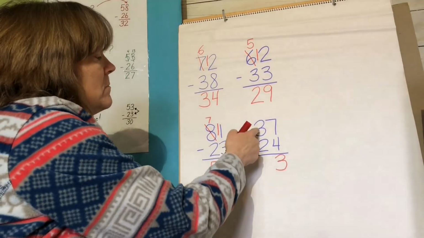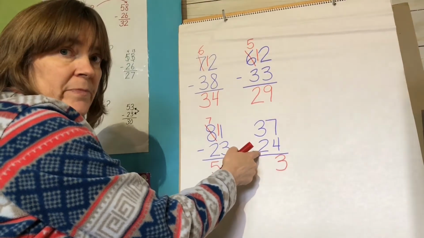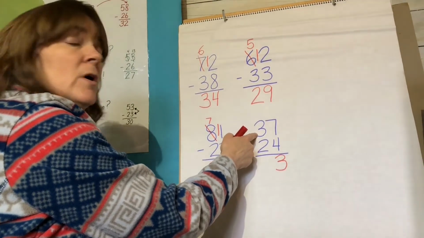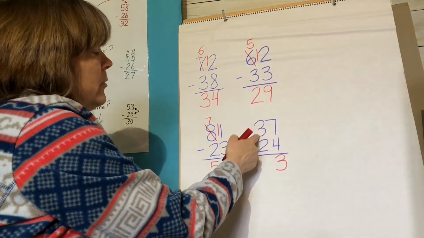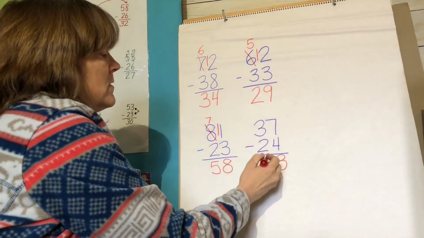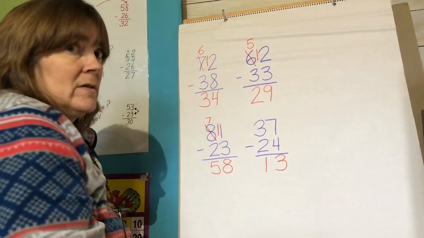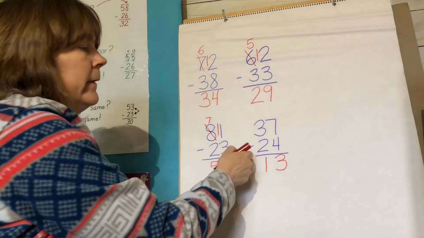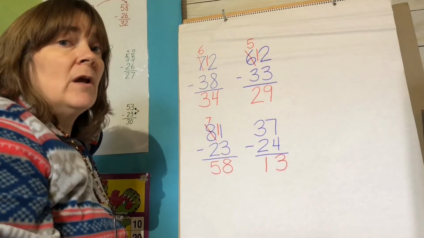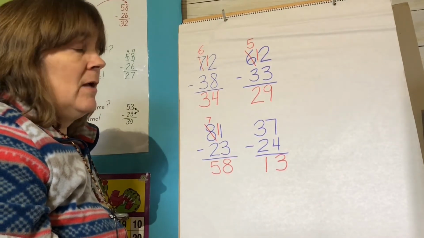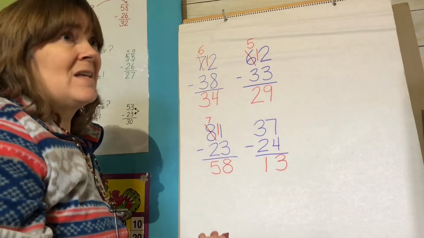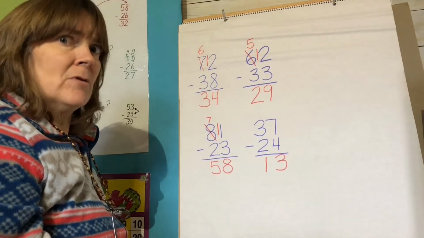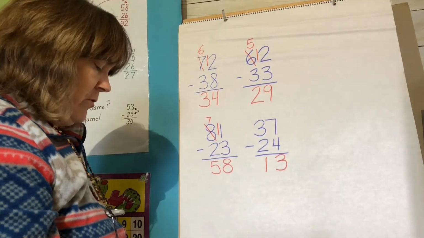And then in the tens, more on the top or more on the floor? More on the top, no need to stop. 3 minus 2 equals 1. Of course, because 3 and 2 are neighbors on the number line. And whenever we have neighbors on the number line and we're subtracting, the answer has got to be 1 because they're next door neighbors. They're only 1 away from each other.